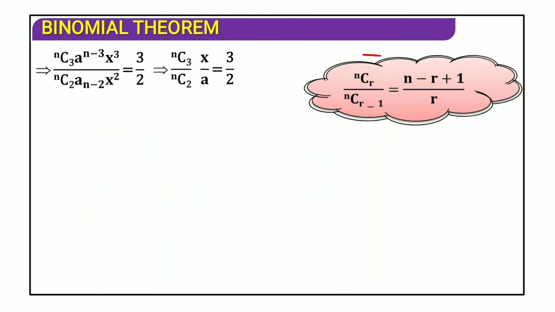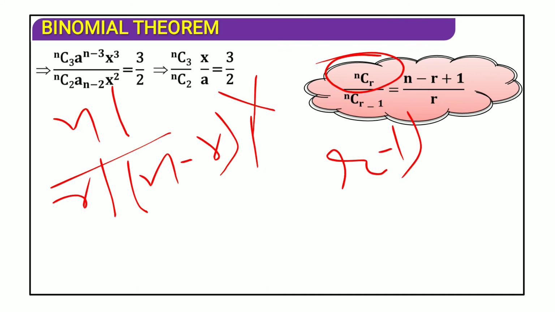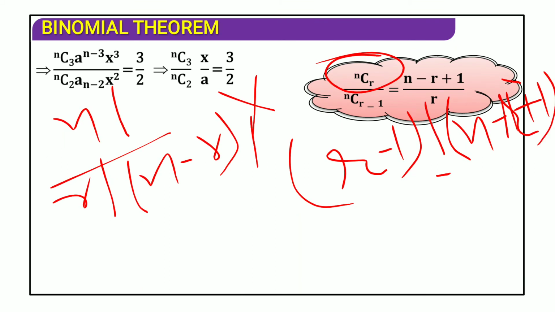See, the formula of nCr is n factorial upon r factorial n minus r factorial. Obviously you know this very well. Multiplied by, whenever I multiply, I'll get the reciprocal of the things: r minus 1 factorial into n minus r plus 1 upon n factorial.